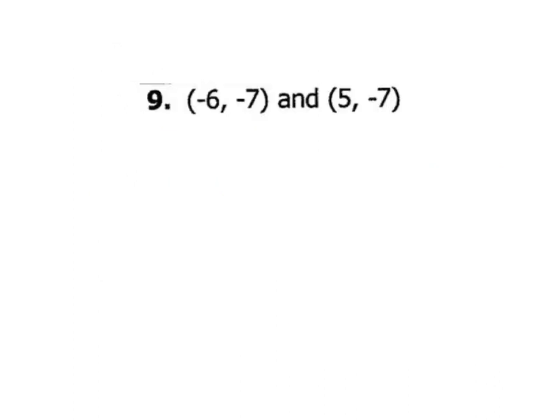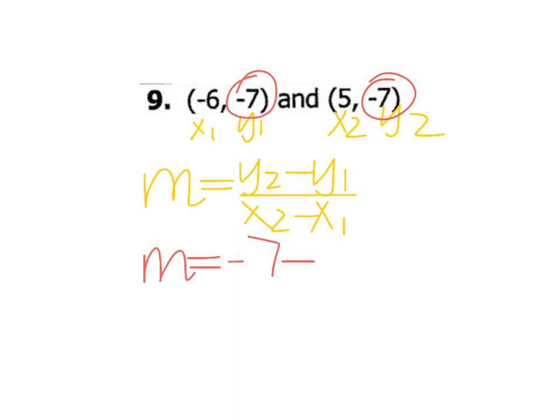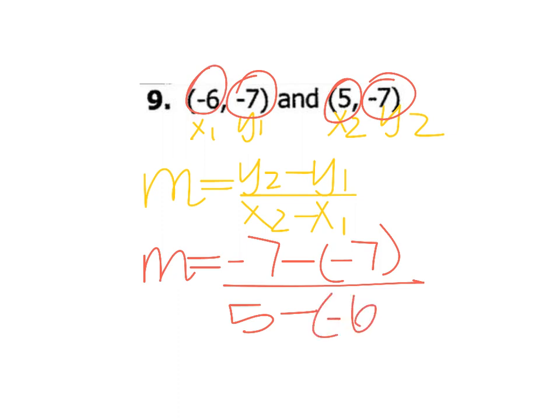Number 9, alright, x1, y1, x2, y2. Plug it into our formula, y2 minus y1 over x2 minus x1. Then plug our values in. Negative 7 is y2 minus negative 7 over 5 is x2 minus negative 6.